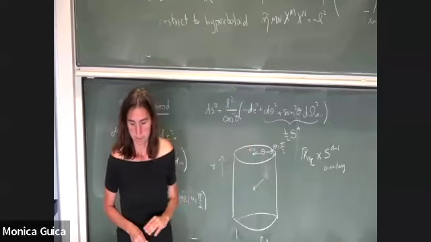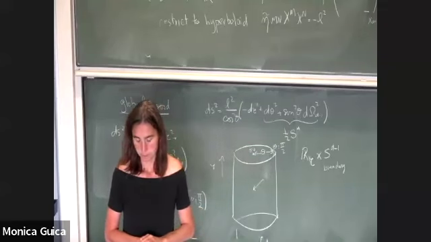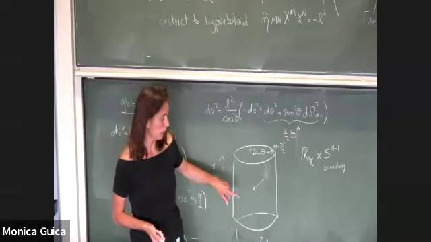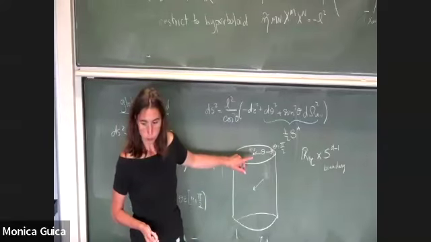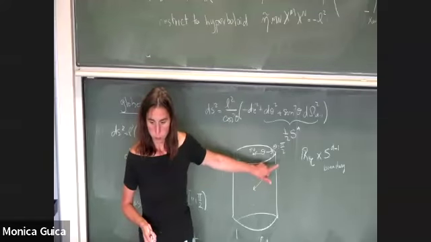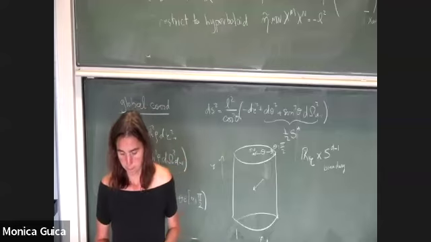And this is the metric. The question being, how much coordinate time does it take for a light ray to go from the center of AdS, which is at theta equal to 0, to the boundary of AdS, which is at theta equal to pi over 2.